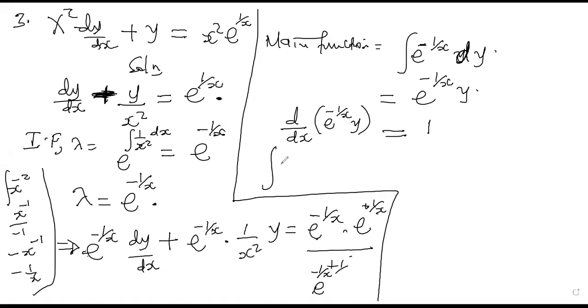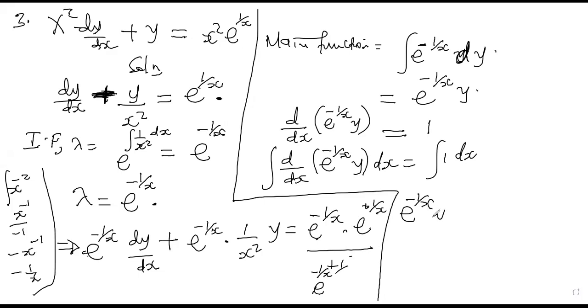So d dx of e power negative 1 over x y dx is equal to the integral of 1 dx. When you integrate the derivative, you get that very function. So e power negative 1 over x y is equal to x plus a constant of integration.